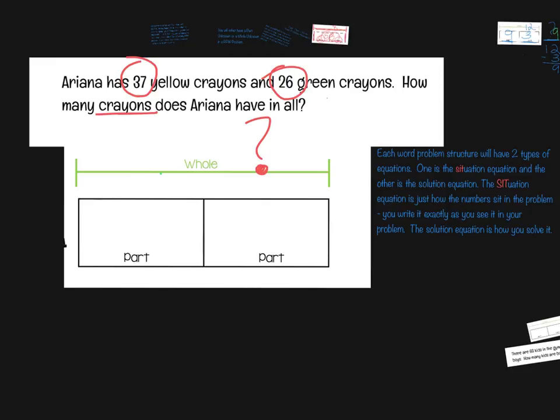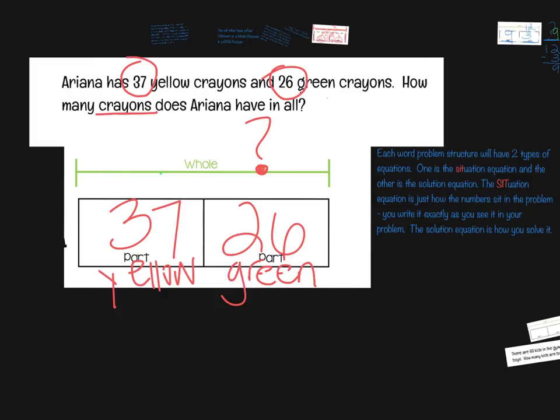And let's label that because that's my next step. It's part of my numbers. I have to make sure I label my structure. So this part I'm going to label yellow. And this part I need to label green. Now how many yellow crayons did she have? Good, 37. How many green crayons? 26. Good.